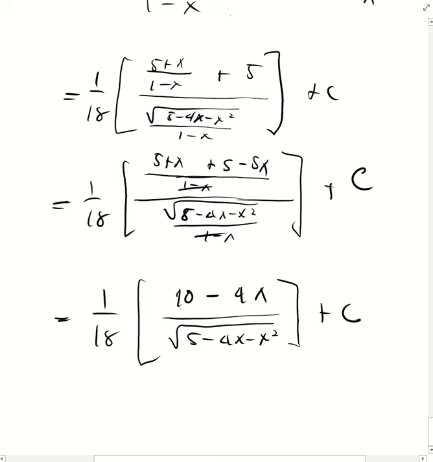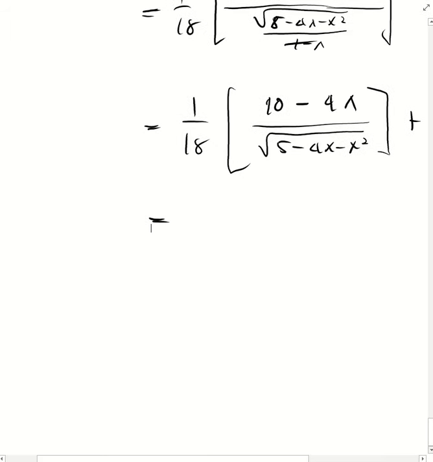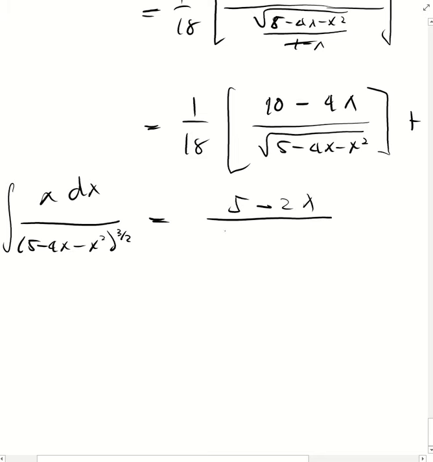Then we can factor out 2 at the numerator to cancel the 18 here. We can write this one as our final answer. So the integral of x dx all over 5 minus 4x minus x squared raised to 3 halves is now equal to 5 minus 2x all over 9.